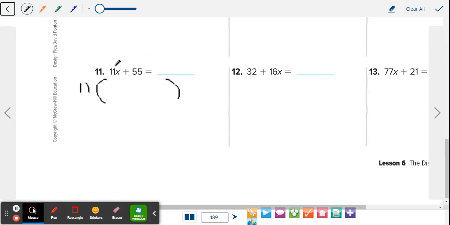What's 11x divided by 11? Just x. Good. So whenever you have a variable like that and you divide that out, all that's left over is x because 11 divided by 11 is 1. They cancel each other out. Keep the addition. What's 55 divided by 11? 5. So that's all you have to do. So rather than multiplying, we're now dividing.